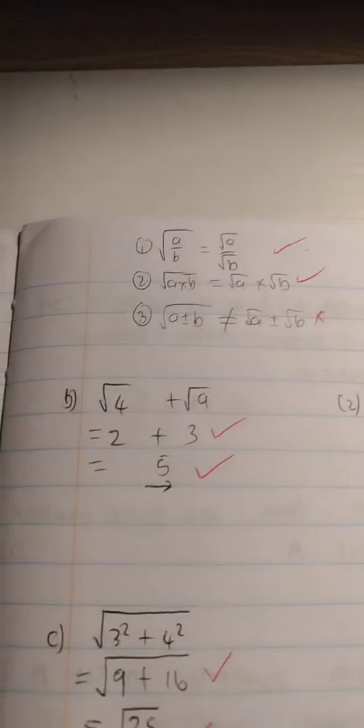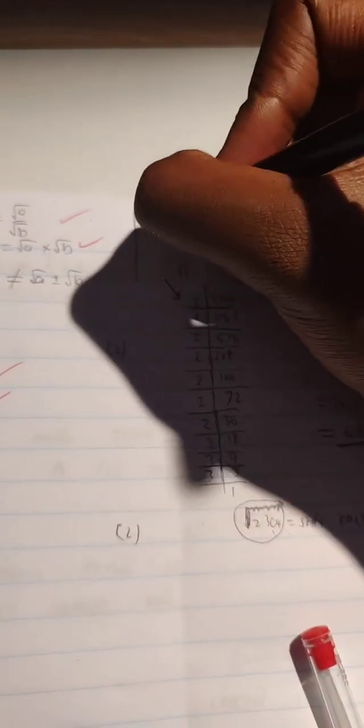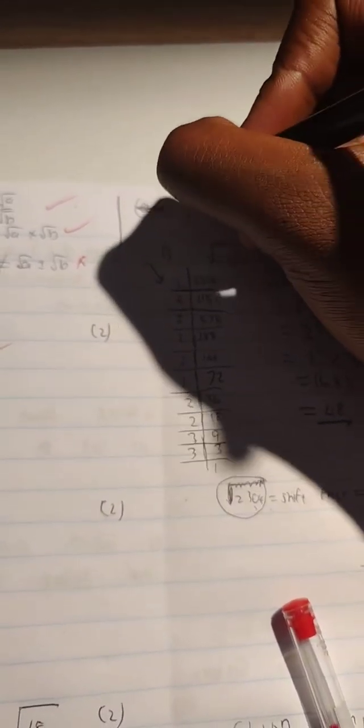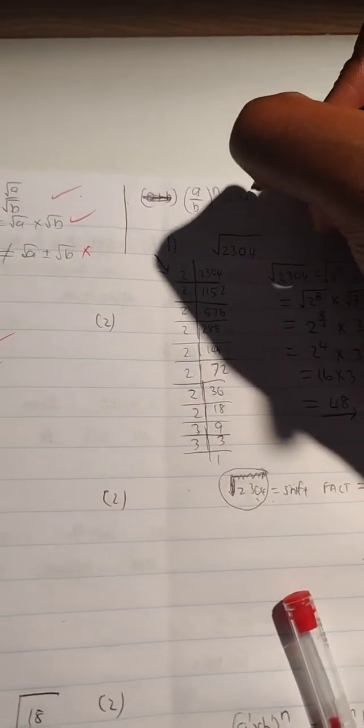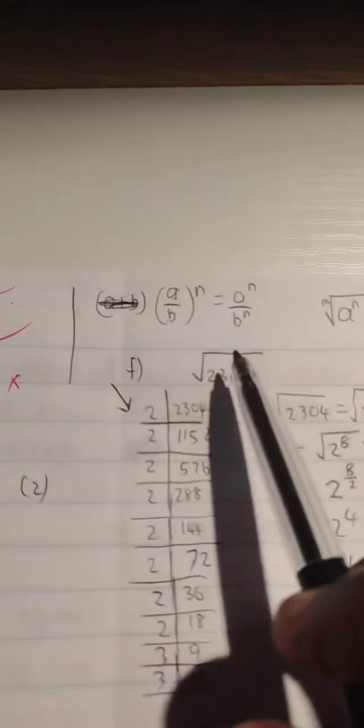So this is the same thing as this. I'm just going to write (a over b) to the power n. You can split the exponent: a to the power n over b to the power n.